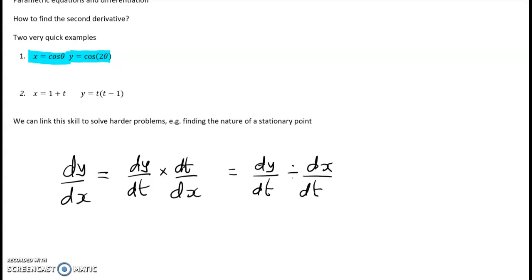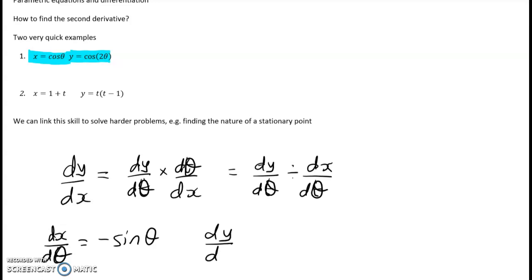So the first thing we do is we find dx by d theta, which will be negative sine theta, and dy by d theta, that should all be thetas. Sorry guys, brain going a bit slowly today. Here we go. So dy by d theta is equal to negative 2 sine of 2 theta using the chain rule.